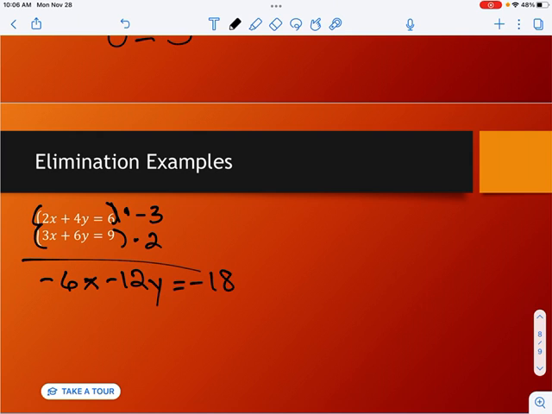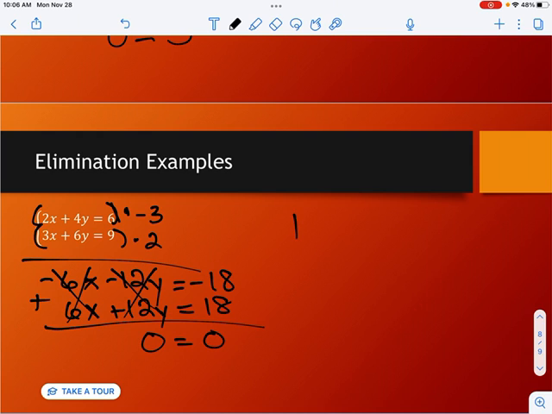Multiply the second one by 2, I get 6x plus 12y equals a positive 18. Now I'm going to add, so negative 6x and 6x cancel each other. Negative 12y and 12y cancel each other. Negative 18 plus 18 equals 0 as well. So this is going to give me infinitely many solutions.